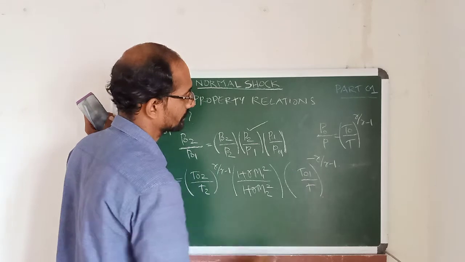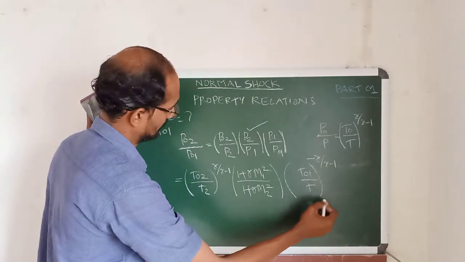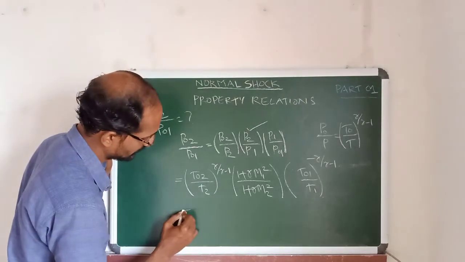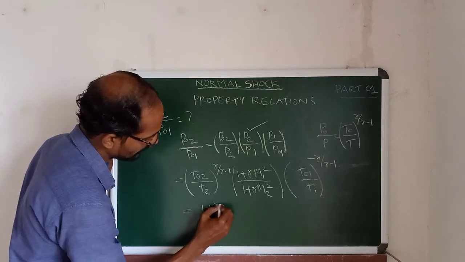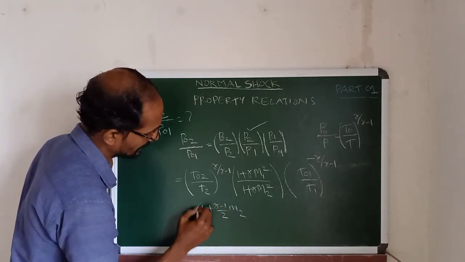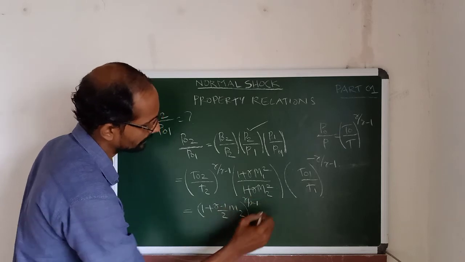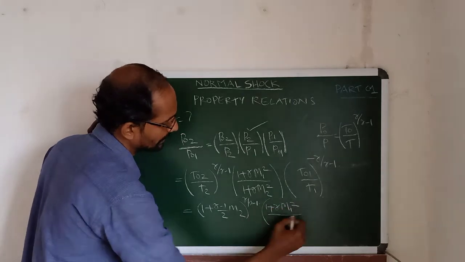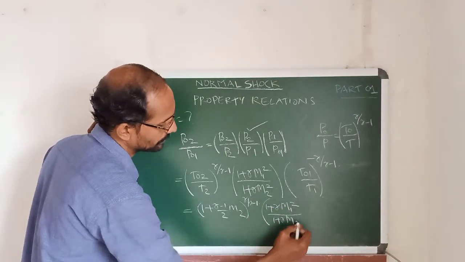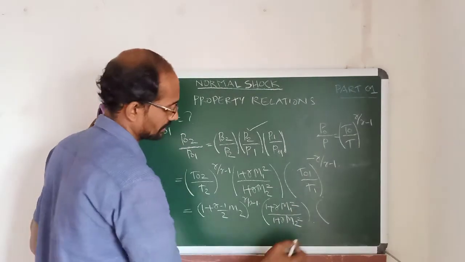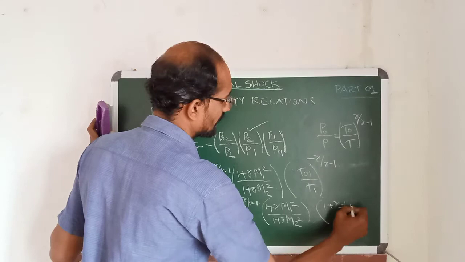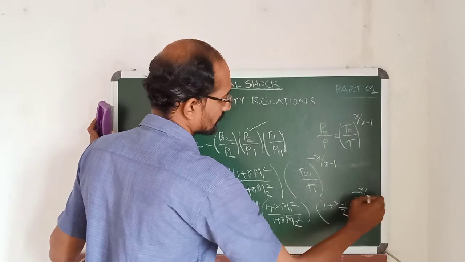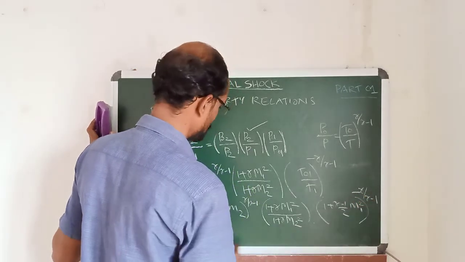So this is 1 plus gamma minus 1 by 2 M2 square raised to gamma by gamma minus 1, into 1 plus gamma M1 square divided by 1 plus gamma M2 square, into 1 plus gamma minus 1 by 2 M1 square raised to minus gamma by gamma minus 1.